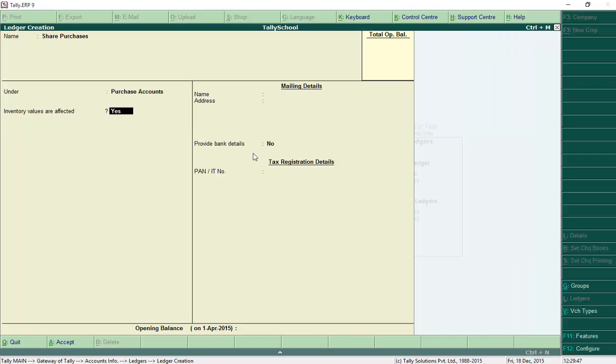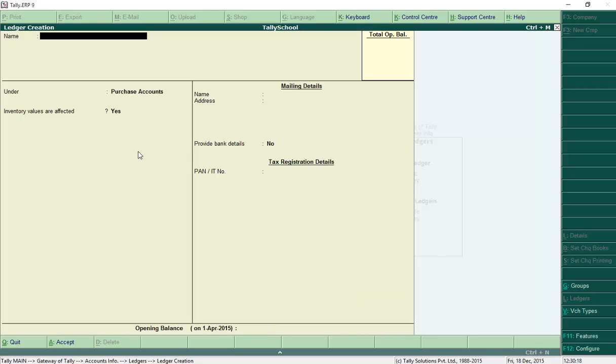Now the main thing to note here is you have to set inventory values are affected to yes, because whenever we purchase shares with the help of share purchases ledger, we will enter the stock items, and that is the inventory for us. So I'll keep it yes, and again no bank details and no opening balance, just create.